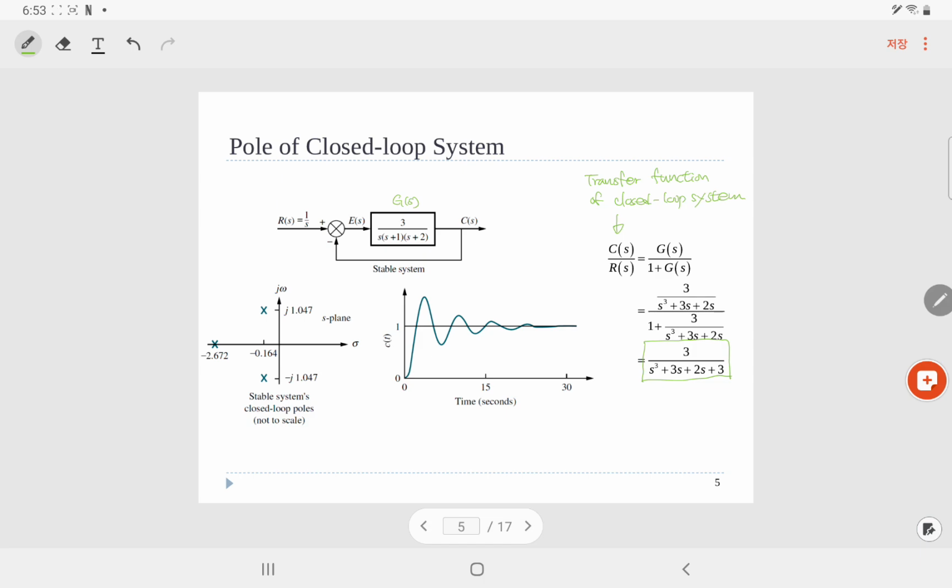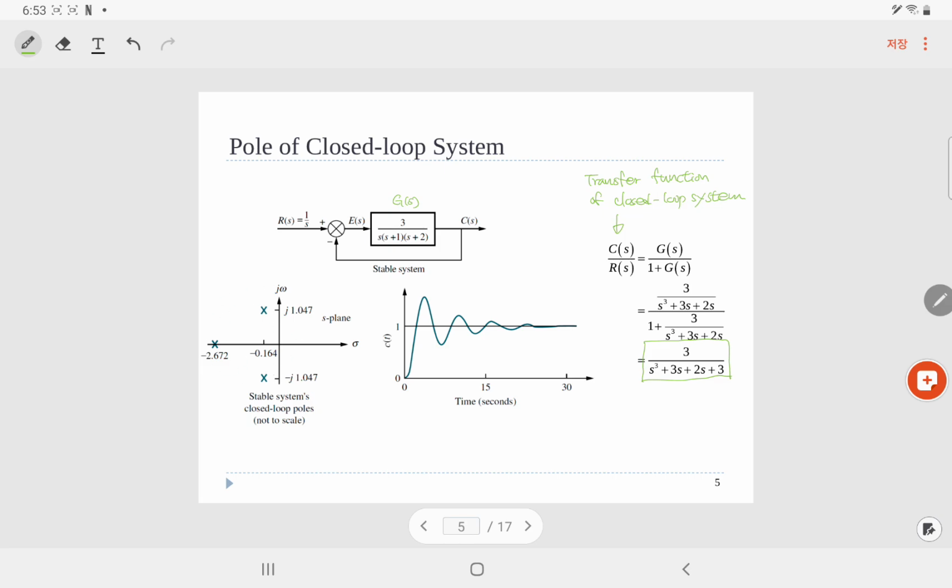In order to evaluate the stability of this closed loop system, we have to find the closed loop transfer function poles. In this case, this system has order 3, so this system has 3 poles, and those poles are denoted in this figure.